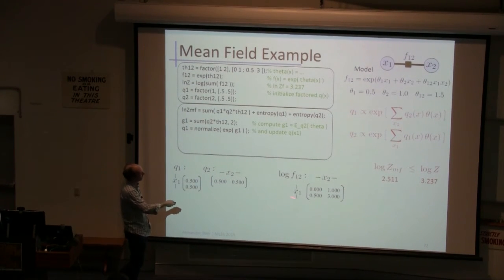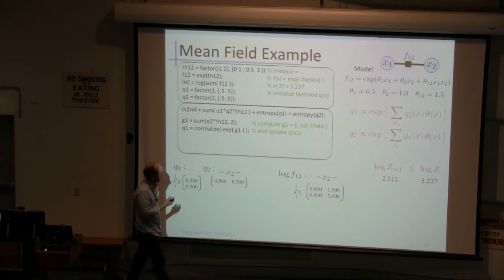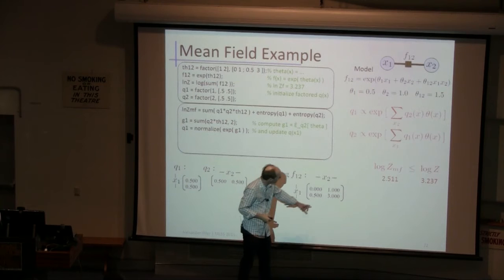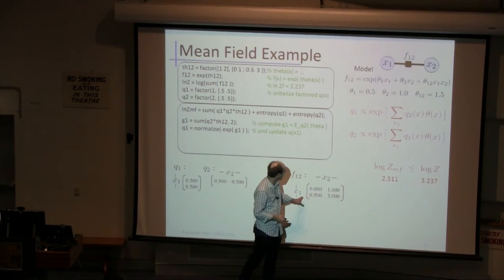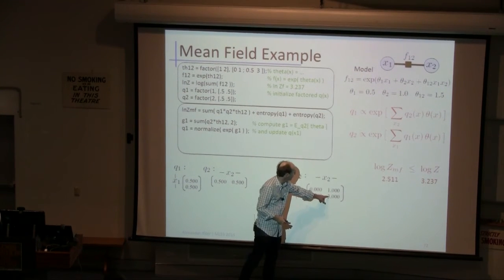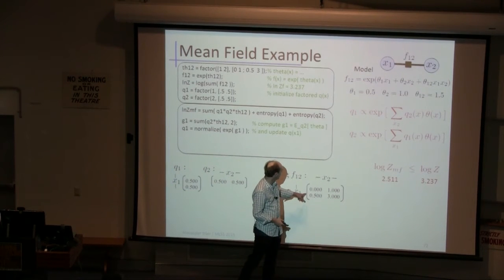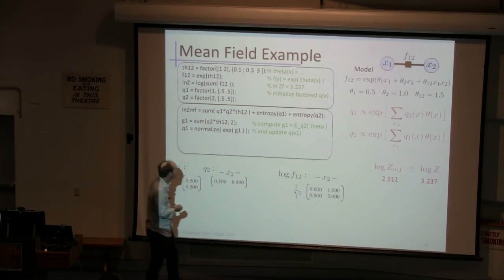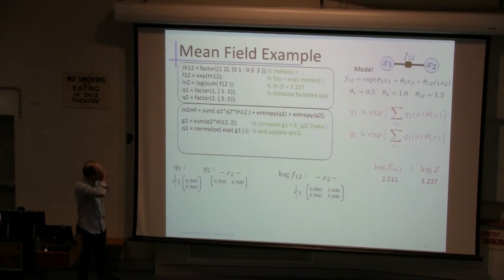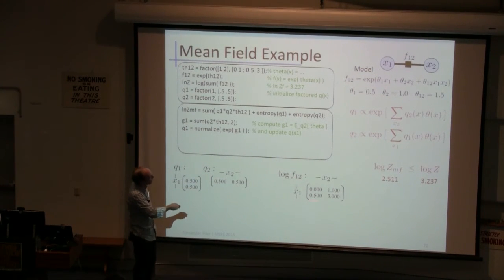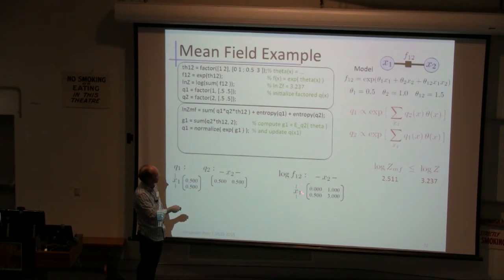Here's my log factor over x1 and x2 jointly. It's e to the 3 in the 1,1 position, and e to the 0, so 1, in the 0,0 position. The log partition function of this model is about 3.24.